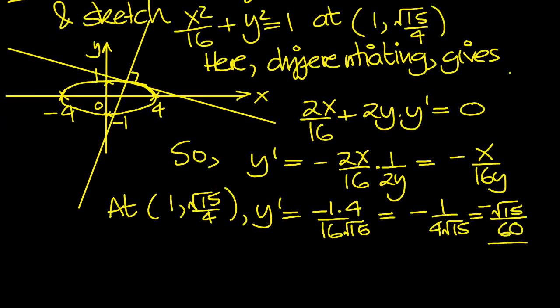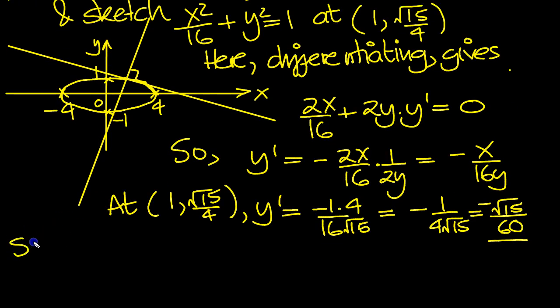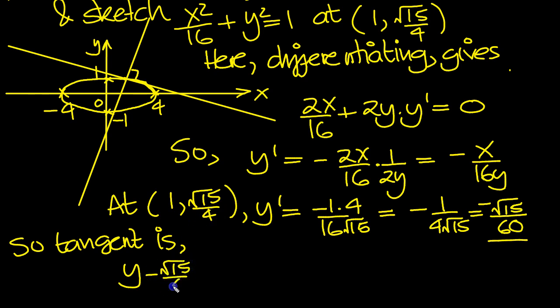And now we can write the tangent. So the tangent at the point is y minus the y coordinate, root 15 over 4, is equal to the gradient, which is minus root 15 over 60, quite a shallow negative gradient, times x minus the x value at the point.